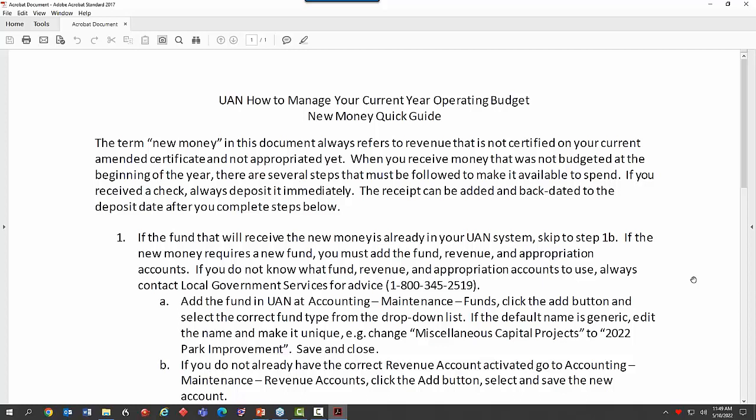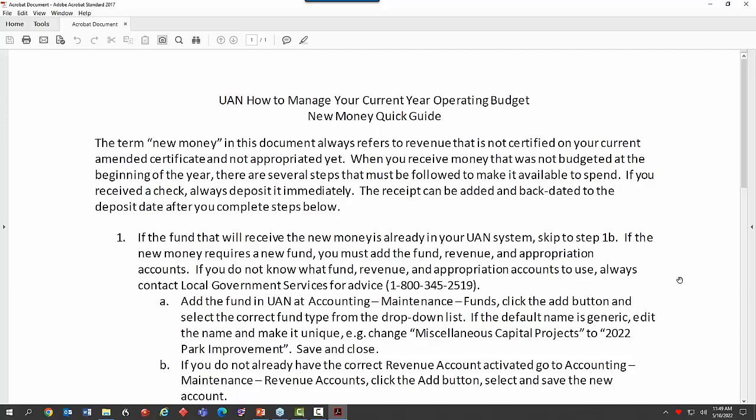A lot of times these grants might bump you up into the next pay scale, but the fact is your funds that are not getting any money to pay the elected officials' wages cannot afford the raise. So it's up to you to make sure you get the amended certificate and you inform your governing board that now that we are eligible for a raise, we can't pay for it. What are we going to do? Again, that's not a UAN question, but it is a very good question that your board would have to decide what to do about.